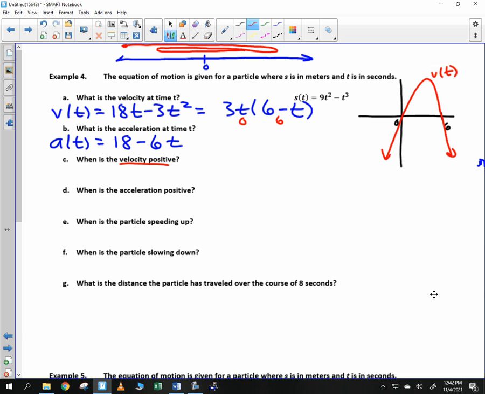It means it's above the x-axis. So is it above the x-axis here? So we do not include the values from negative infinity to 0. Is it above the x-axis here? So we do include the values from 0 to 6. Is it above the x-axis here? So we do not include those values. So it says, when is the velocity positive? The velocity is positive from 0 to 6.